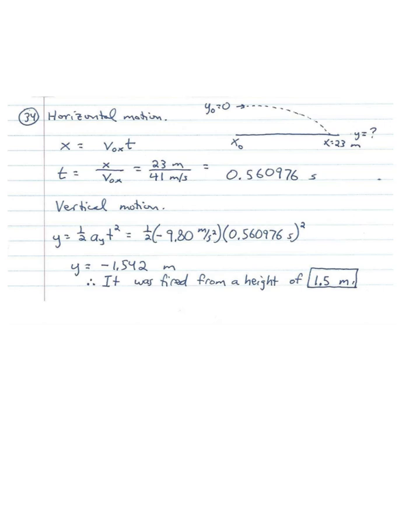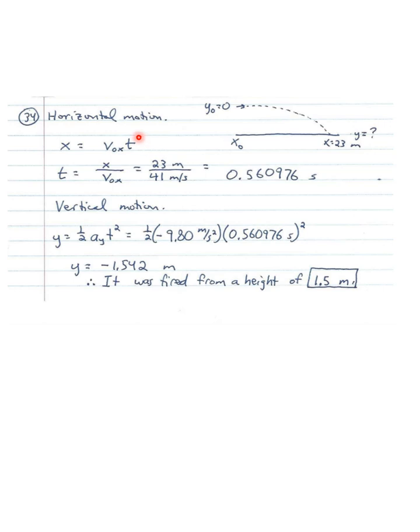Once again, we have initial horizontal motion. So in the x direction, we have the equation. Now this equation started out as x equals x naught plus v naught x t plus 1/2 a x t squared. But the x naught is 0 and the acceleration is 0, so this is all that remains of that equation.